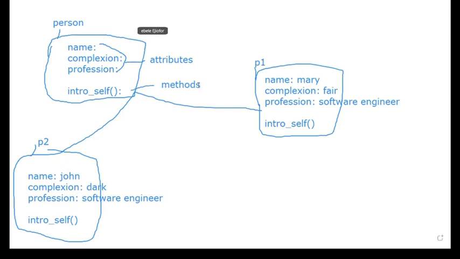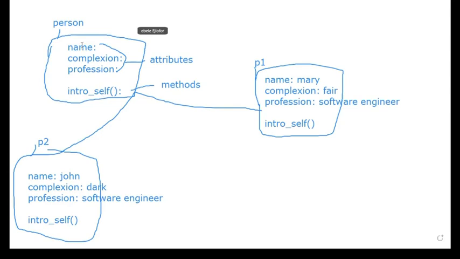So here, a class can have as many attributes as you want, but for this tutorial, we'll be using one. You can have as many methods as you want, but for this tutorial, we'll be using one method, which is intro self. It's also called a function.